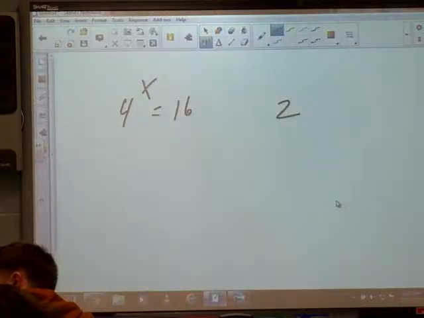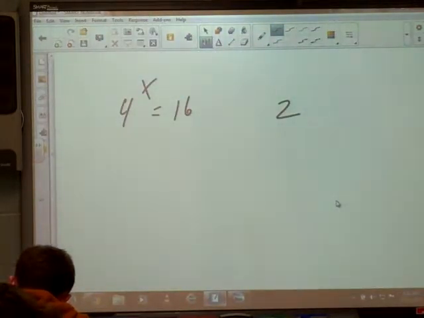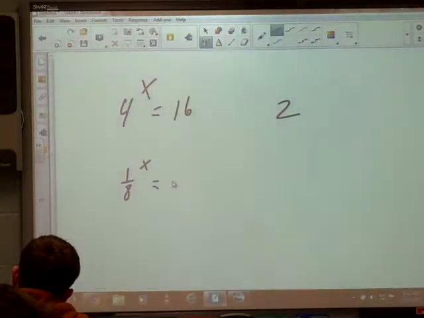Okay, number 14, you could do that in your calculator if you wanted to. Log base 1/8 of 1 is what? I said 1/8 to the what equals 1. And we've talked about this one before.